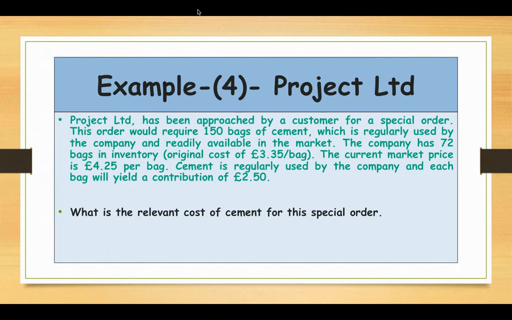So we don't need to consider the contribution of £2.50 here because cement is not scarce. So we have to ignore the opportunity cost or the contribution lost per bag. So the relevant cost of cement is 150 bags times the market price of £4.25. So it will be £637.50.